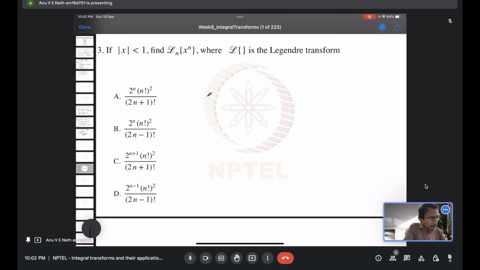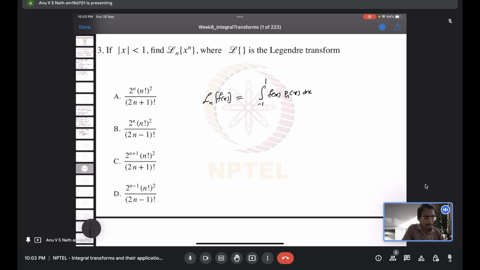So the Legendre transform by definition for any function is given as the integral from minus 1 to plus 1 of f of x times Pn of x dx. So I guess everyone knows this. This is just a definition, right? Now the thing is that here our function is just x raised to n itself.